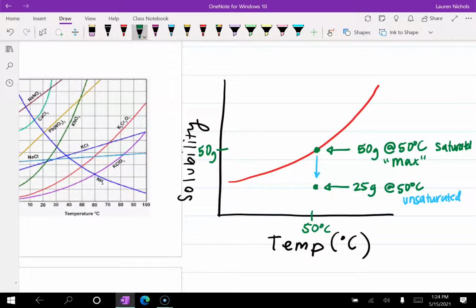But what if instead of 25 or 50, what if I try to dissolve, let's do 80 grams instead. Let's say that's 80 grams at 50 degrees Celsius. Well, the maximum was 50.